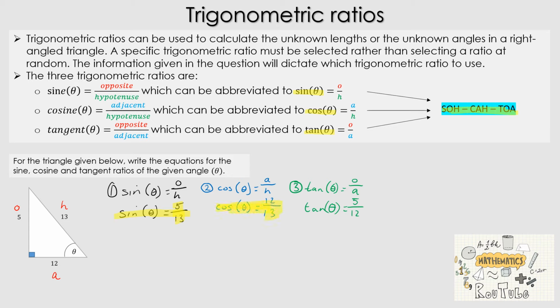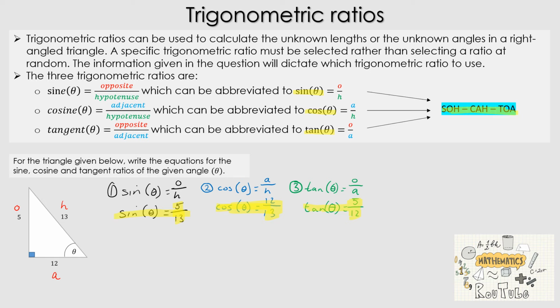The second one, using cos, we have this one here. Same again, we don't need to label again, we've already labeled, but this time we're just using A and H instead of O and H. And then the third one, tan, again no need to label again, but we're now using O and A instead of O and H or A and H. So it's really important, it all starts with labeling. Once you label, things become a lot easier.